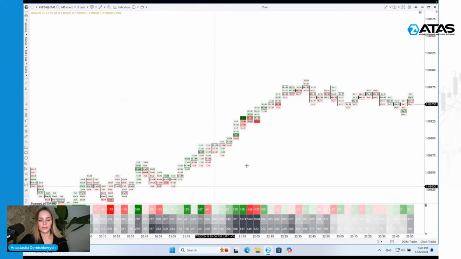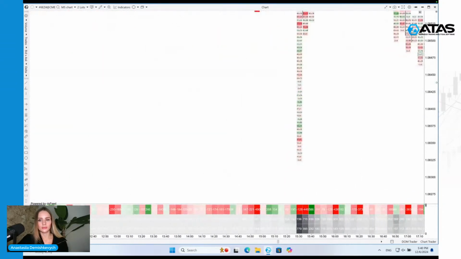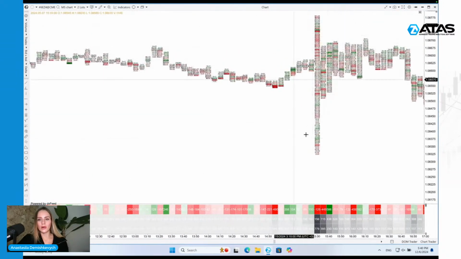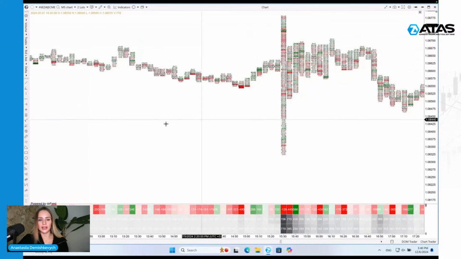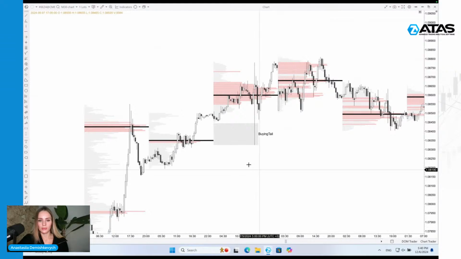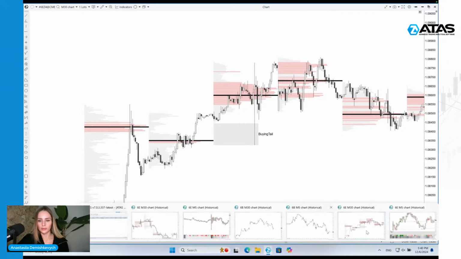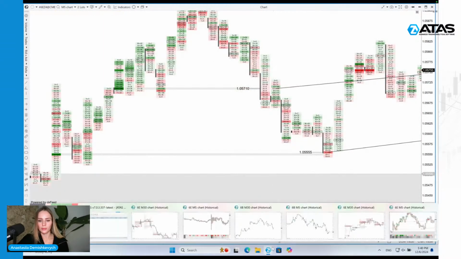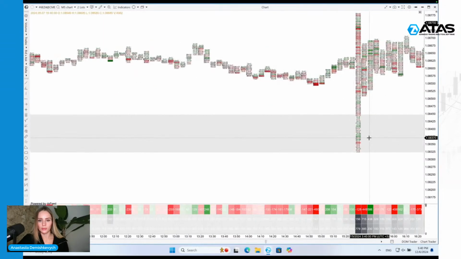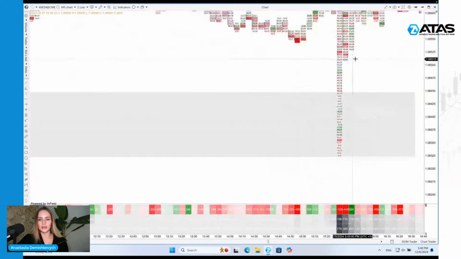Let's have a look at our selling tail. Now, this is the selling tail that we talked about. Let me highlight it also on the 5-minute time frame. There we go. So we have the buying tail created.